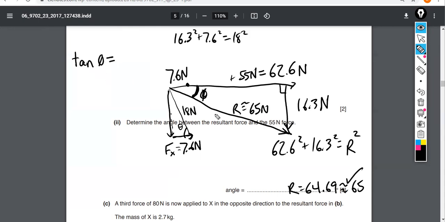The tangent of this angle is equal to opposite over adjacent. So the opposite is 16.3. The adjacent was 62.6. And so the tangent of some angle phi equals that ratio of sides. So that angle phi equals the inverse tangent of that ratio. To solve for the angle, you use the inverse.